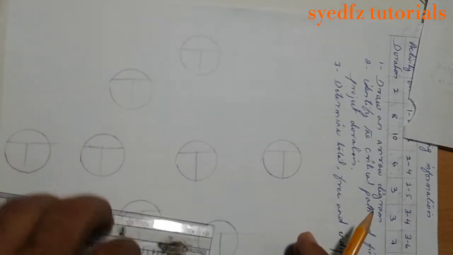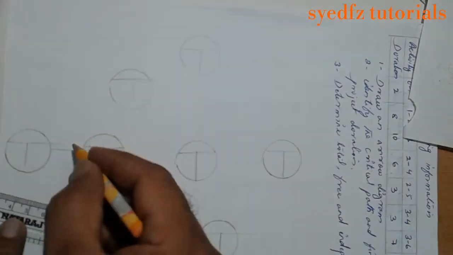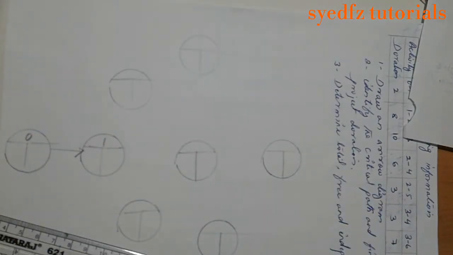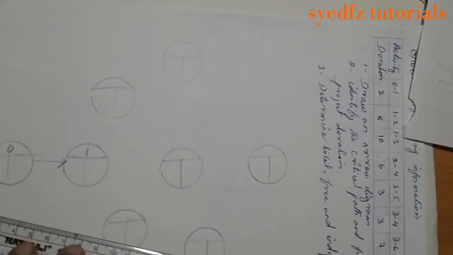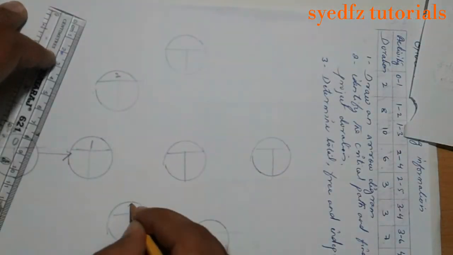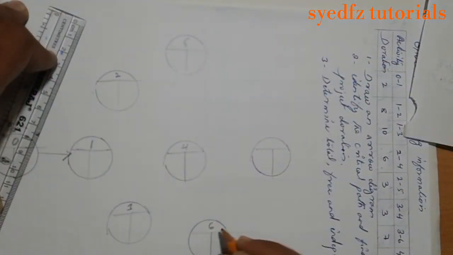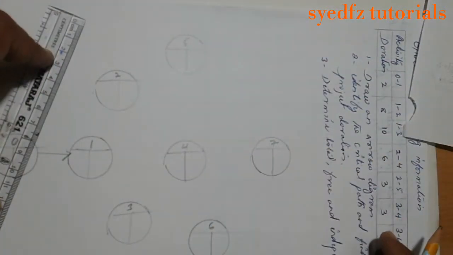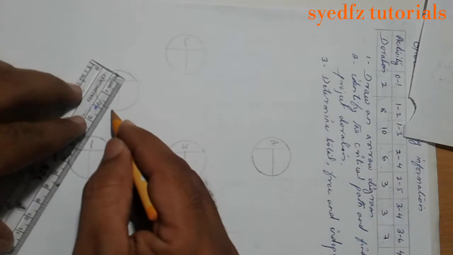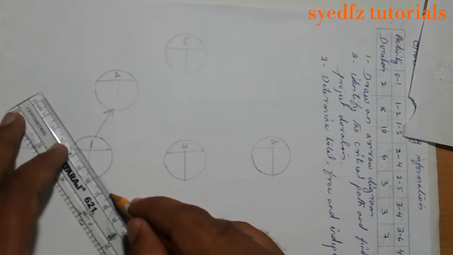Now execute the arrows: 0 to 1. This is 2, this is 3 I have prepared, this is 4, this is 5, this is 6, this is 7 I have created. 1 to 2 means one activity from 1 to 2, and another activity 1 to 3.